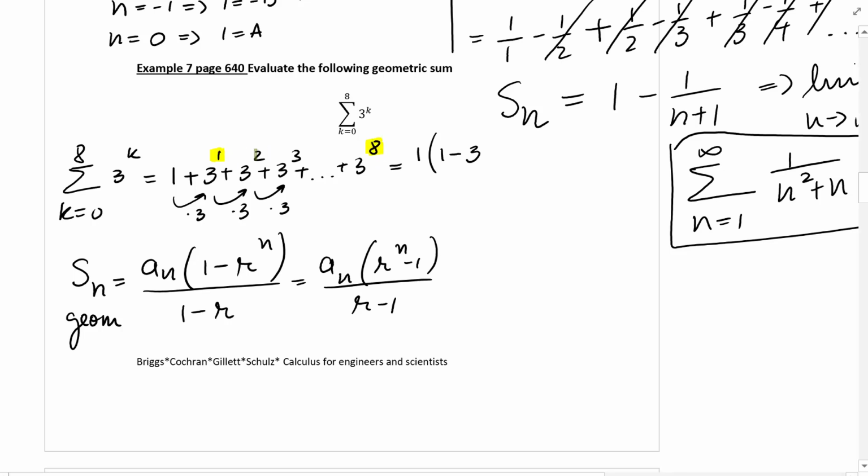From 1, 2, 3, up to 8, we have 8 terms, plus this one, we have 9 terms, over 1 minus 3. So you can do the math, or 3 to the 9 minus 1 over 3 minus 1. You can put that in the calculator and find 9,841. That's what I got.